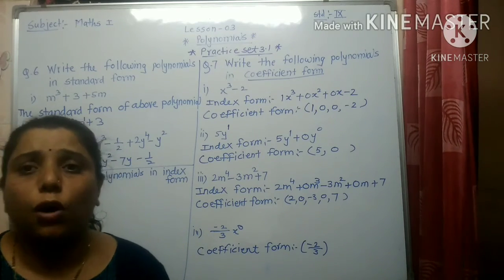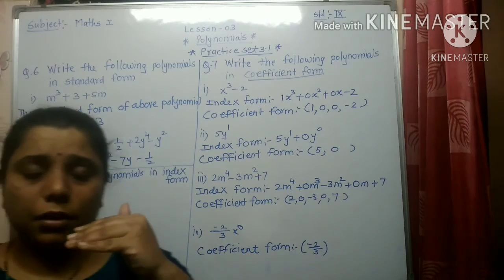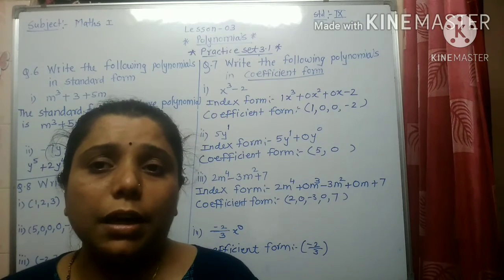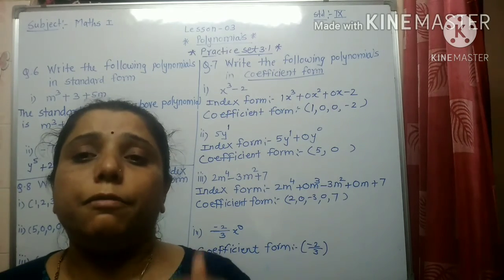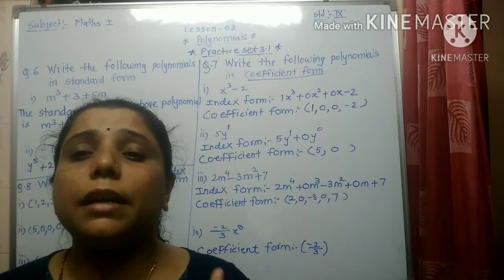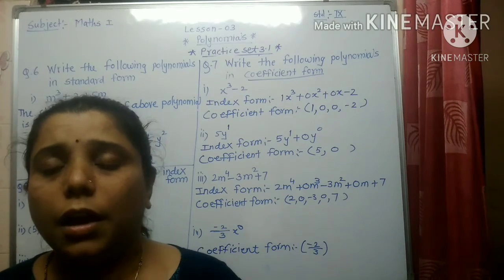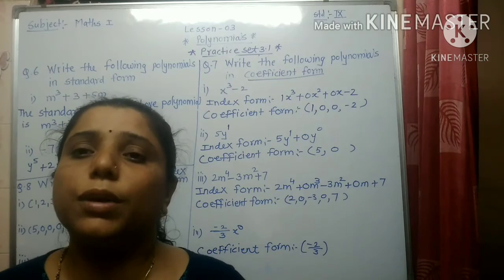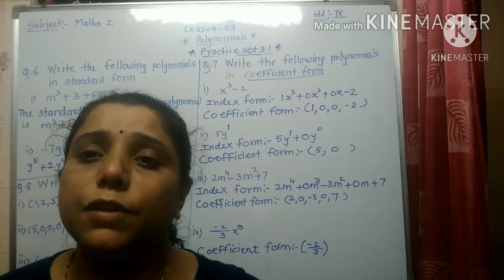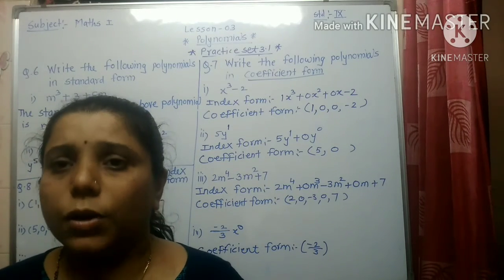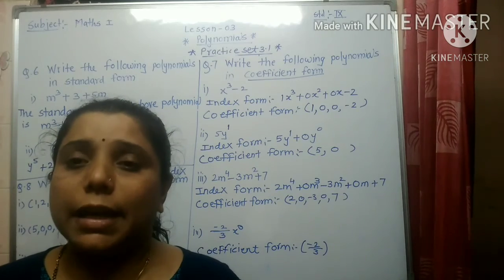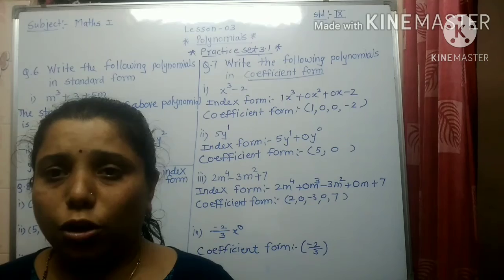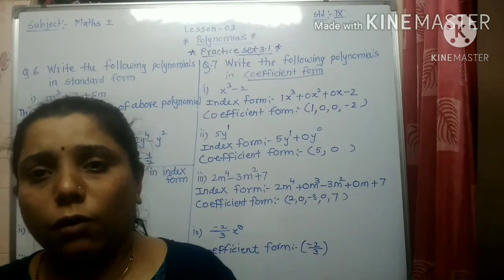So in this case, one thing, as I told to you, it is not a compulsion to write down the index form of each and every polynomial. When you have to write down the index form of the polynomial, when there are missing terms in the polynomial. If no missing terms are there in the polynomial, then you can directly write down the coefficient form. Okay, it is not given in the textbook. For coefficient form, your polynomial must be in the index form first.